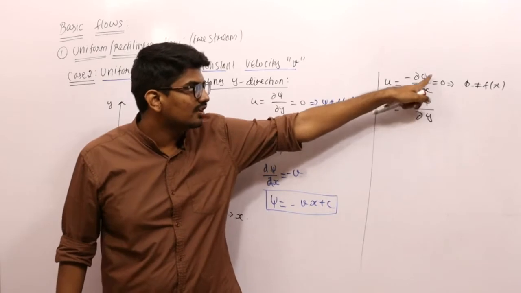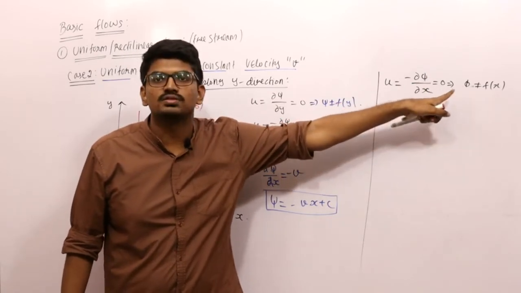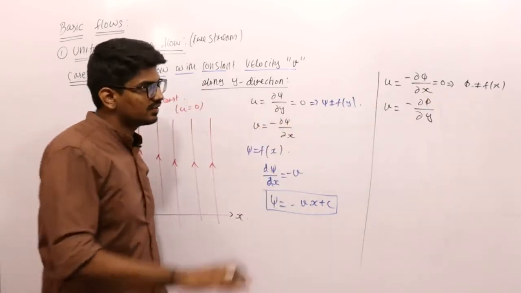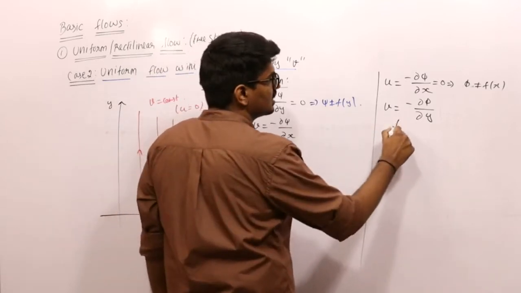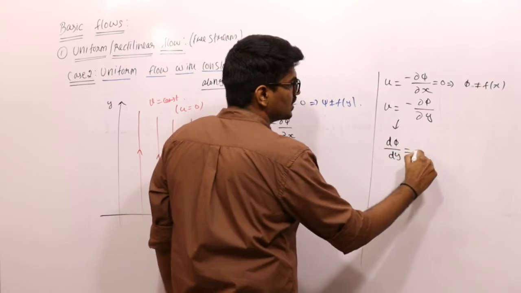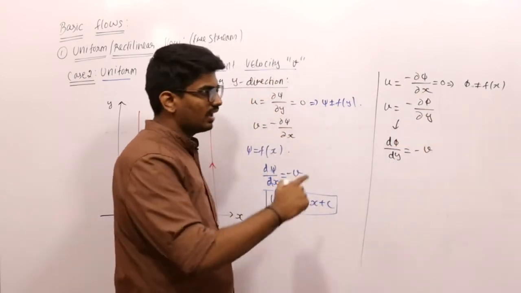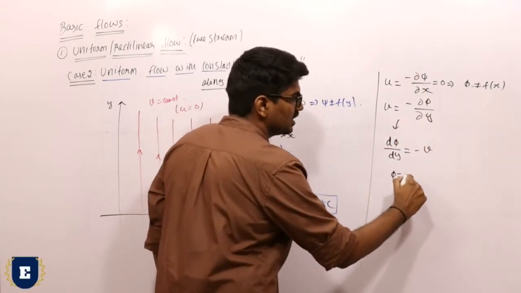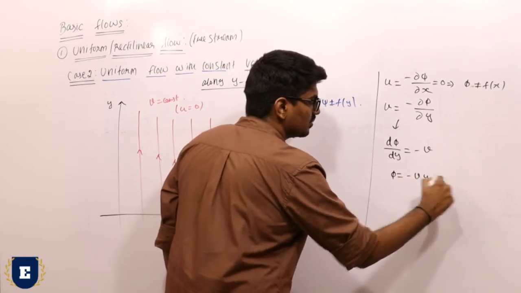First derivative of phi with respect to x is becoming 0, so phi is not a function of x. So here I can write d phi by dy is equal to minus v. If I integrate it, phi will be equal to minus vy plus constant.